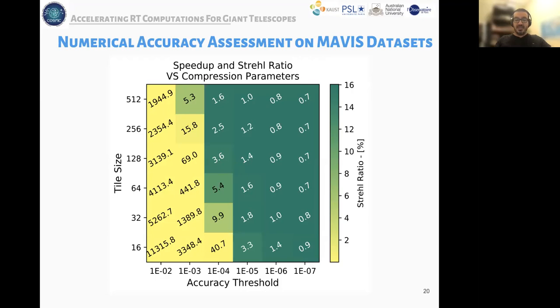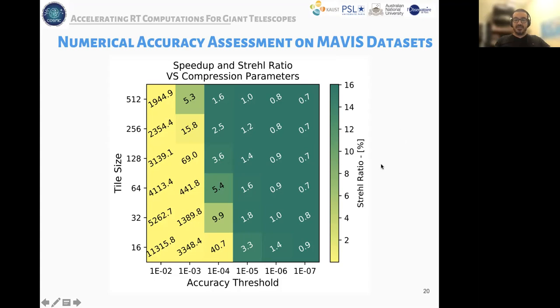And on top of that, the number being reported here, 3.6, corresponds to the speed up. This is the theoretical speed up after doing compression. This is the number of operation savings that I'll be able to achieve by doing an accuracy of 1e-4 with this tile size of 128 and achieving close to 14% Strehl ratio.